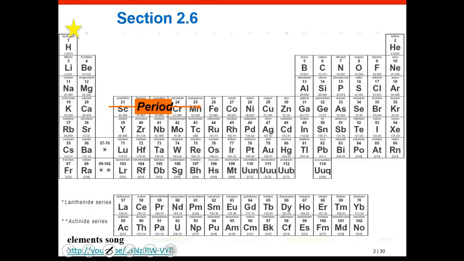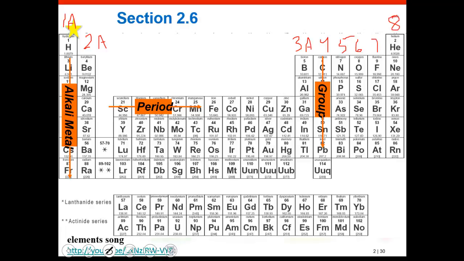Any horizontal row is called a period, and any vertical column is called a group or a family. Now, you do need to know some special groups. This is group 1, and it says 1A above it on the periodic table, and then we'll have 2A, and then we have 3A, 4, 5, 6, 7, and 8. They'll all have the letter A behind them.